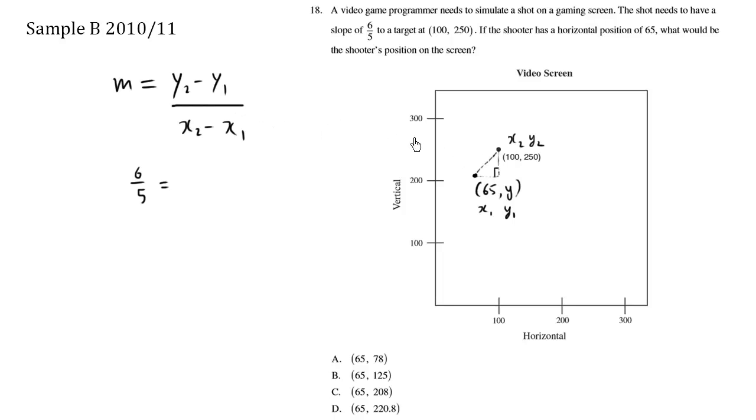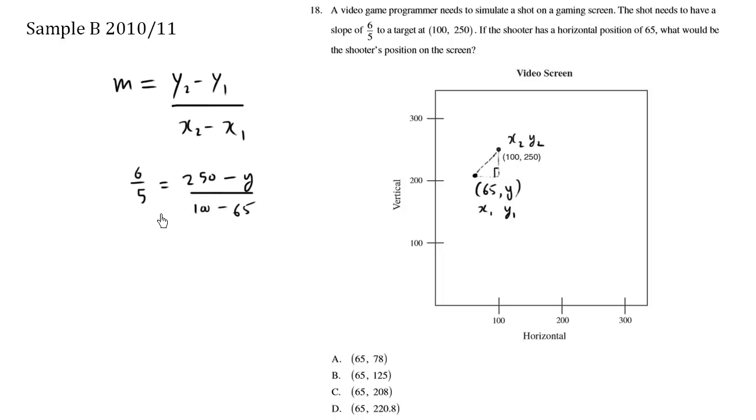What we have here is our 250 minus y, over x2, which is 100, minus my x1, which is 65.